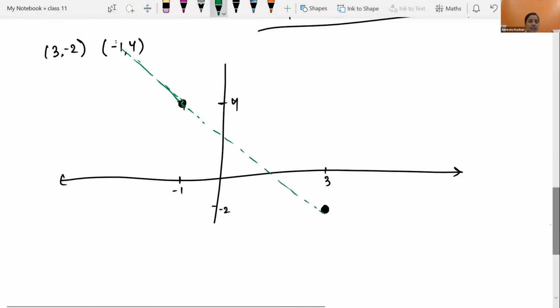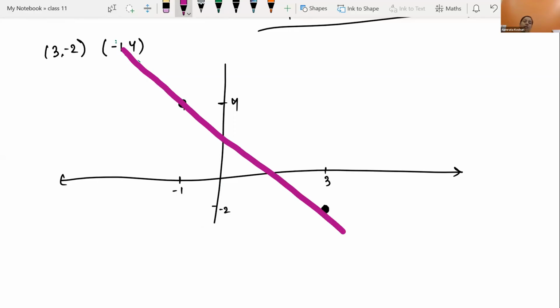The slope of this line is negative. It is trying to tell you something: when we are moving from the left direction towards the right direction, can you see the line is going down and down and down? Everyone, can you see it?